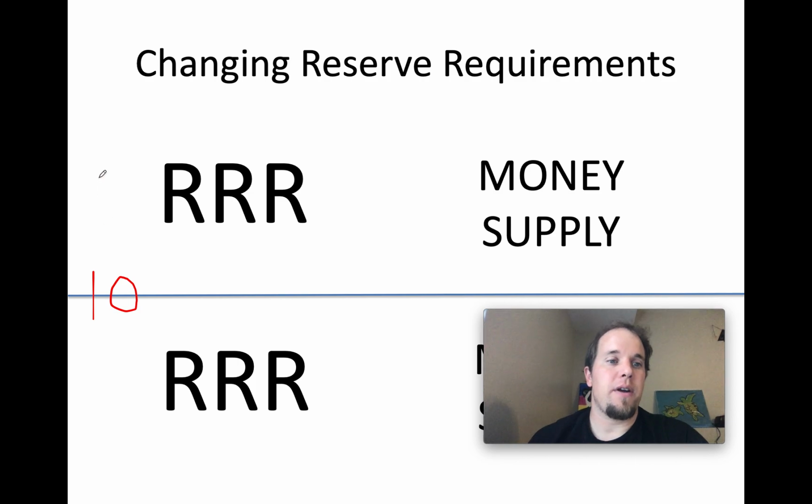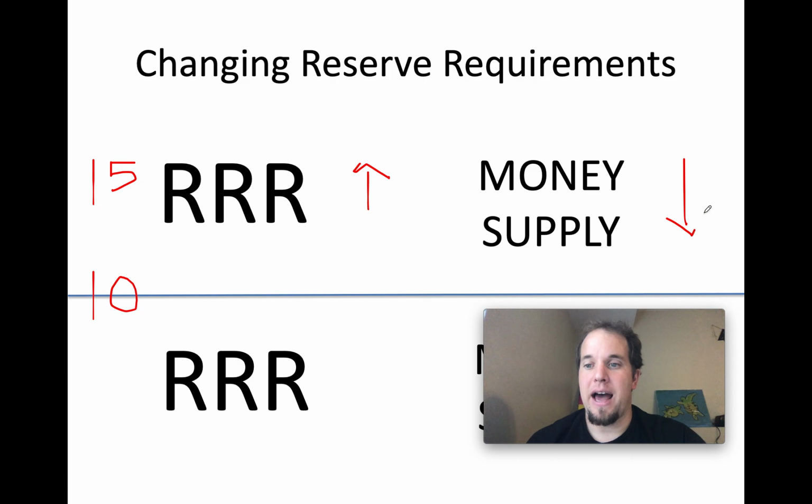Well, what the Federal Reserve can do is increase the required reserve ratio, which will make the money supply go down. How does that work? Now, instead of 10%, the banks have to hold an additional 5%, which means they're going to have less money in the bank, which also means they won't be able to lend as much money out, which results in there not being enough money for everyone to get loans.